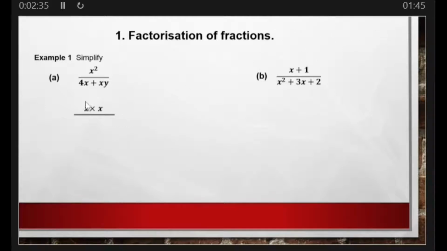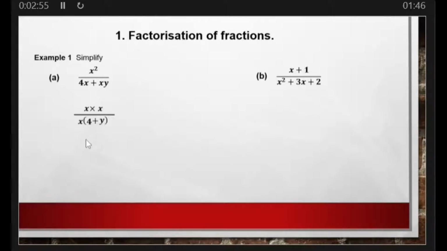So we are going to look for a common variable here, which is x. We have x here and x here, so we'll factor it out. Then we'll open bracket, will remain with 4 here, and here will remain with y. So put 4 plus y, close bracket.